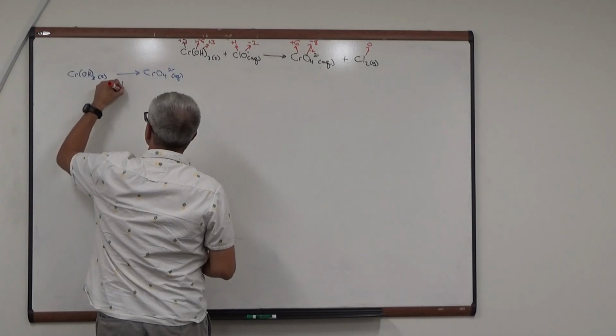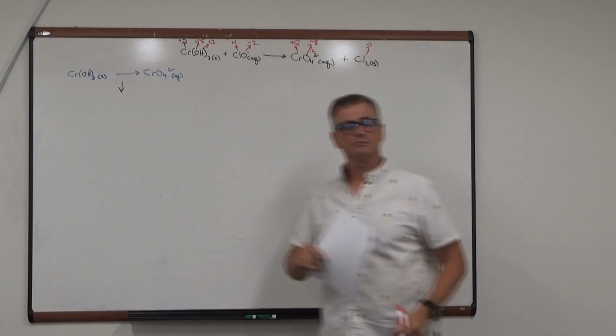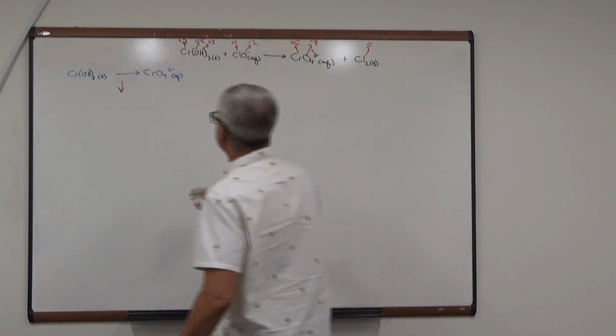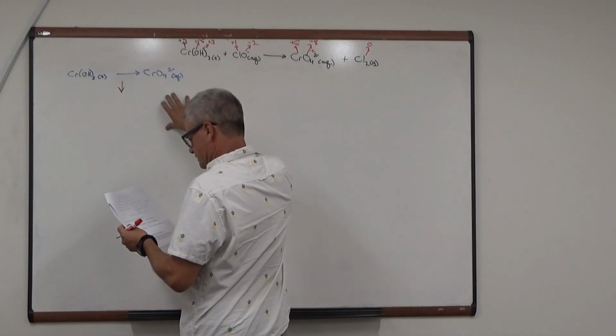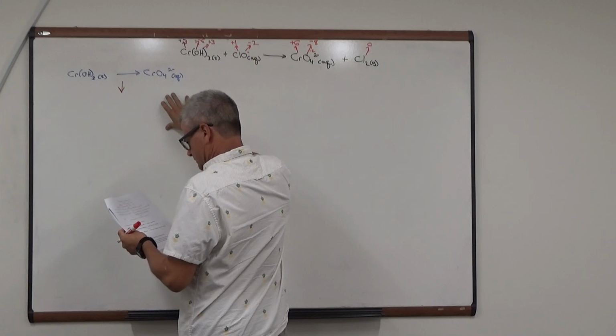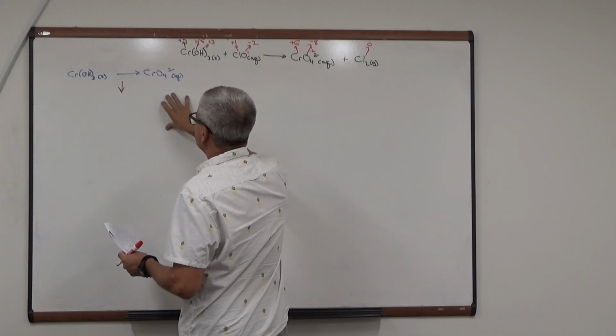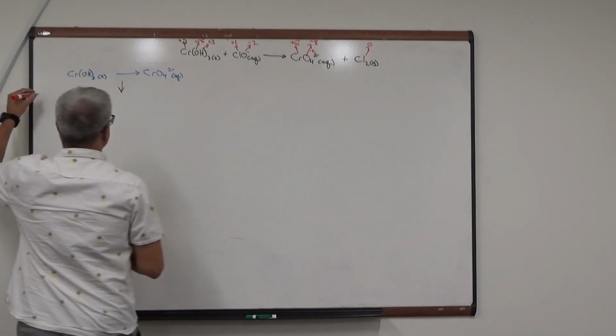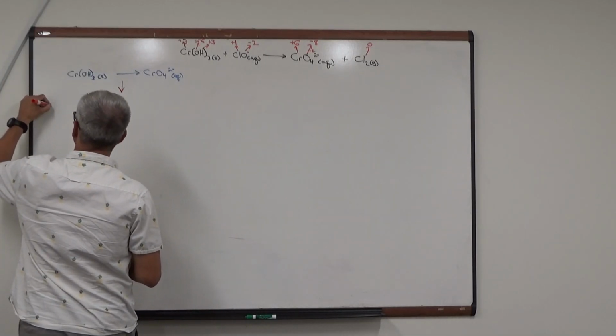All right, so, and again, do it in order, so we're going to deal with the oxygens first. We've got 3 oxygens on that side. We've got 4 oxygens on this side. So we need to add a water molecule on this side, right, so just one.